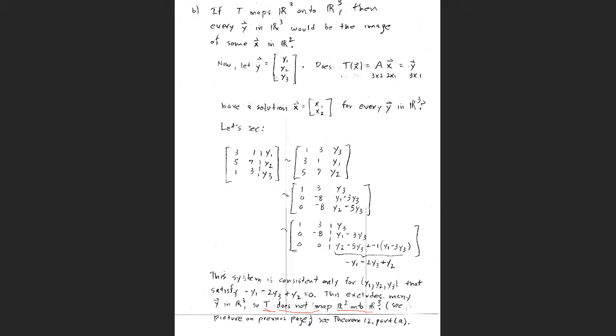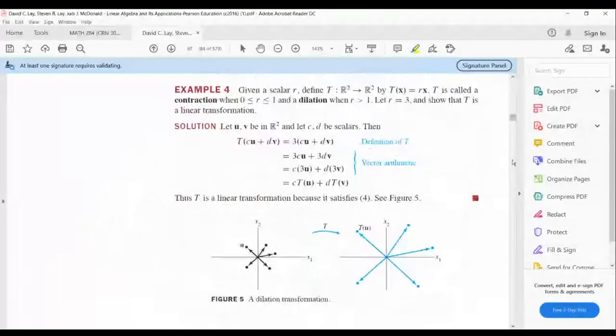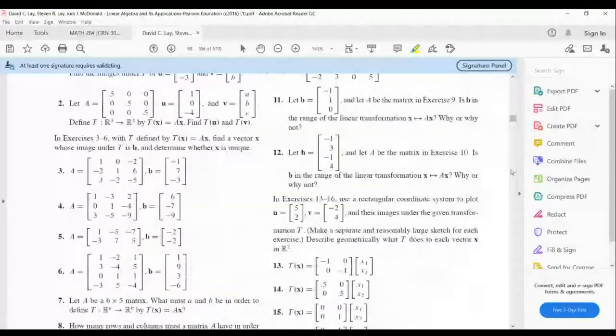Everybody's done copying. All right, let's move forward then. All right. So, one moment here. I'm going to get to section 1.9.